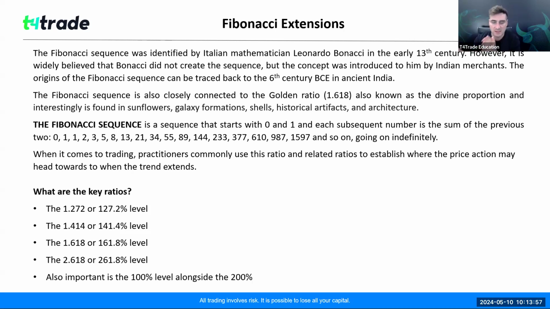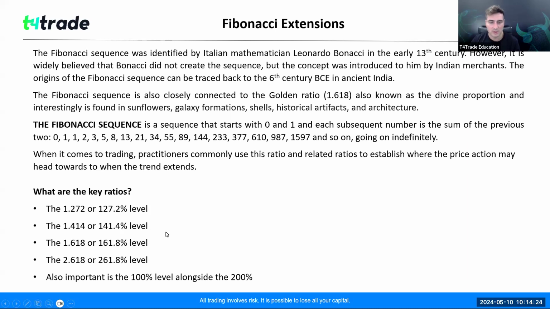And it uses these key Fibonacci ratios in order to draw these levels. The other levels are, as we mentioned, the 127.2, the 141.4, the 161.8, and 261.8 is also another one. And you have plenty of them out there, but the most crucial one is the 161.8% level.